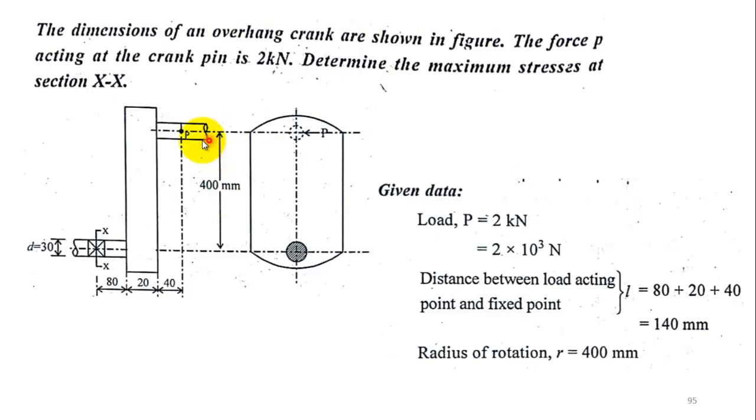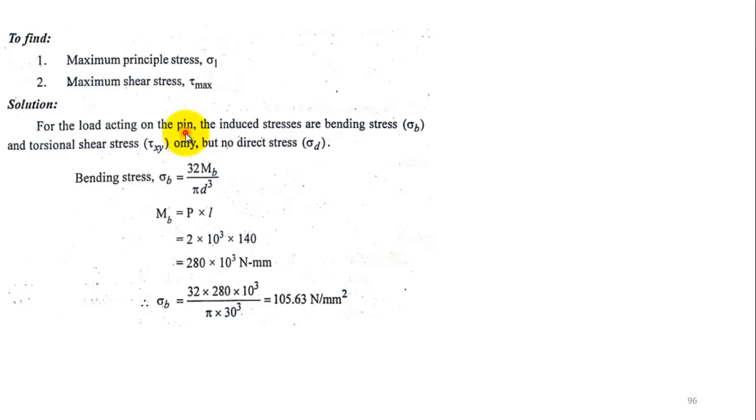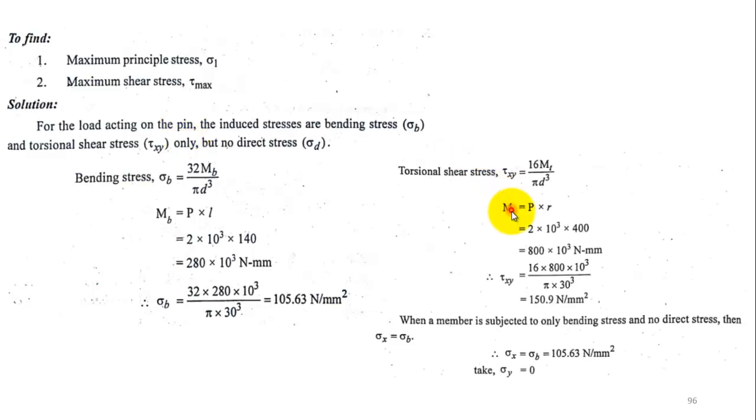This is the distance that you have to consider for calculation of the turning moment. Here Mt, load is P, and r we have to use 400, that is the radius of rotation. If you substitute for this also, you can calculate the shear stress value.